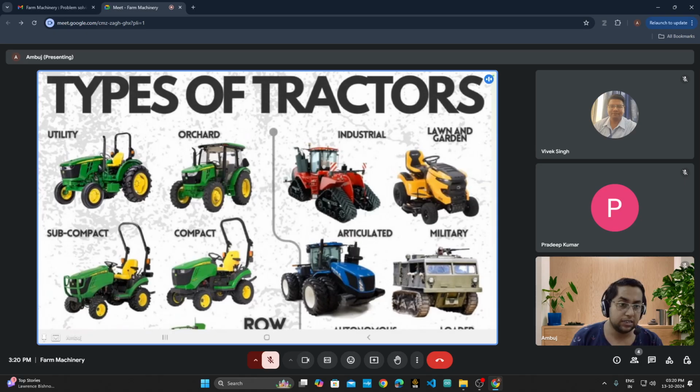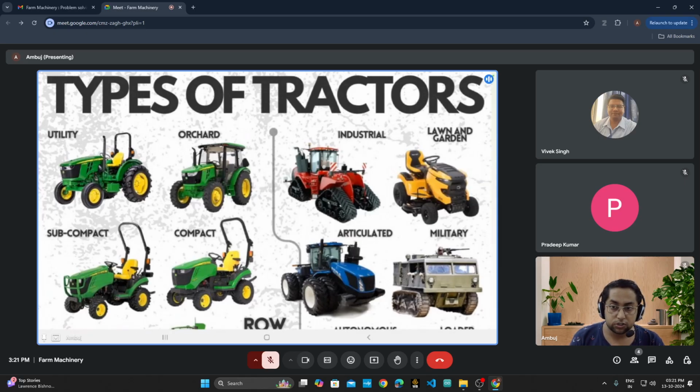Then the lawn and garden tractor. You must have seen those tractors in sports fields, in cricket, or in other sports like golf. Lawn and garden type tractors are used there.